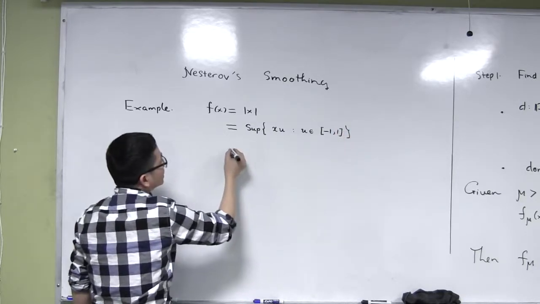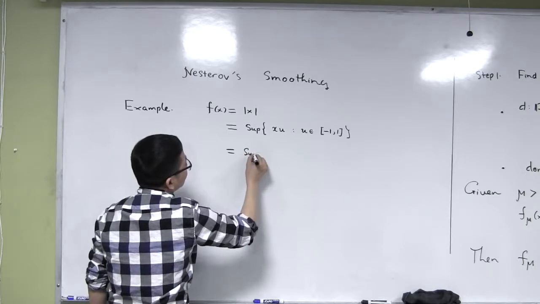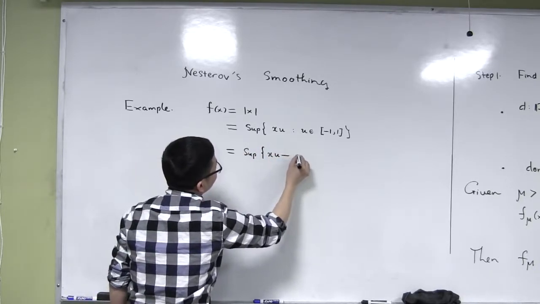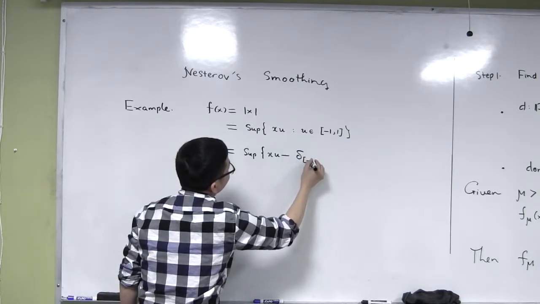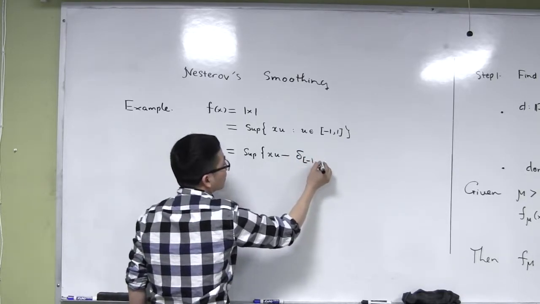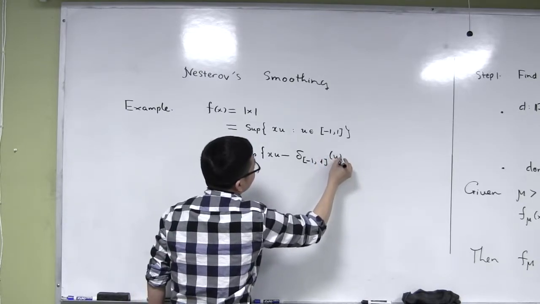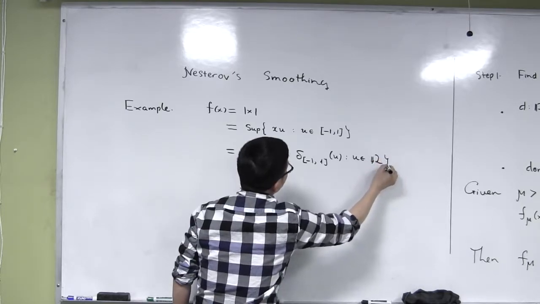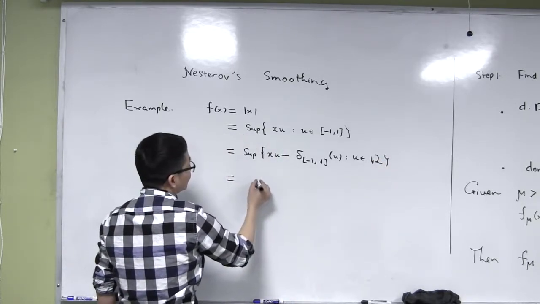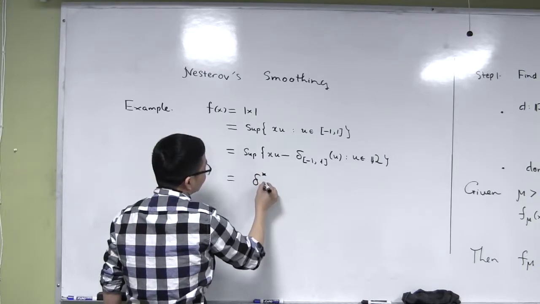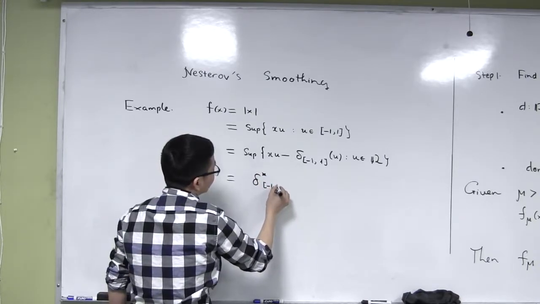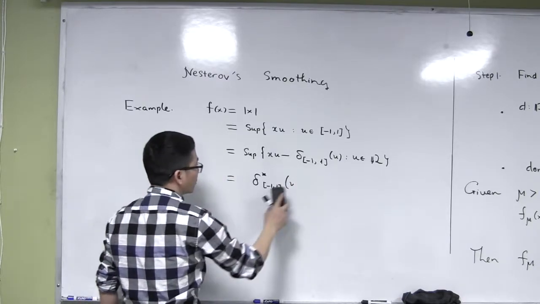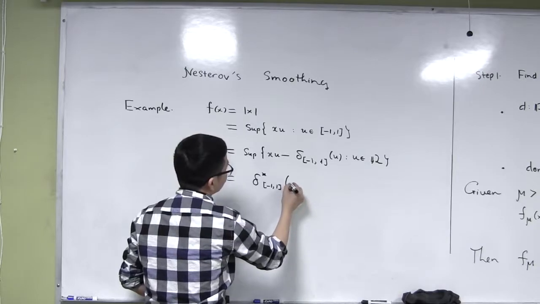So this is also the supremum of x times u minus the indicator function associated with the interval [-1, 1] at u, where u runs in R. And this is actually the Fenchel conjugate of the indicator function associated with the interval [-1, 1] at x.